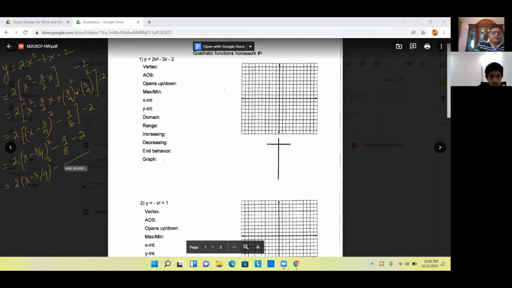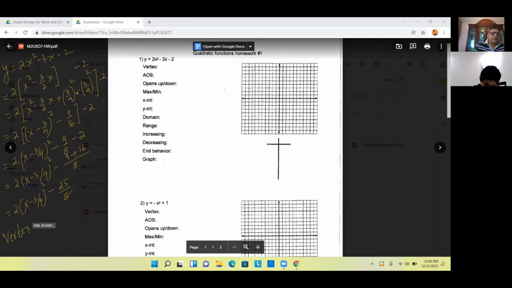So 8 is common and we get what? 9 minus 16, right? Plus 16. I took the minus outside. 8 times 2 is 16. And so I could now write this as 8 times 2 times x minus 3 by 4 whole square minus 9 plus 16 is 25, 25 over 8. Correct? So that becomes the equation in the vertex form.